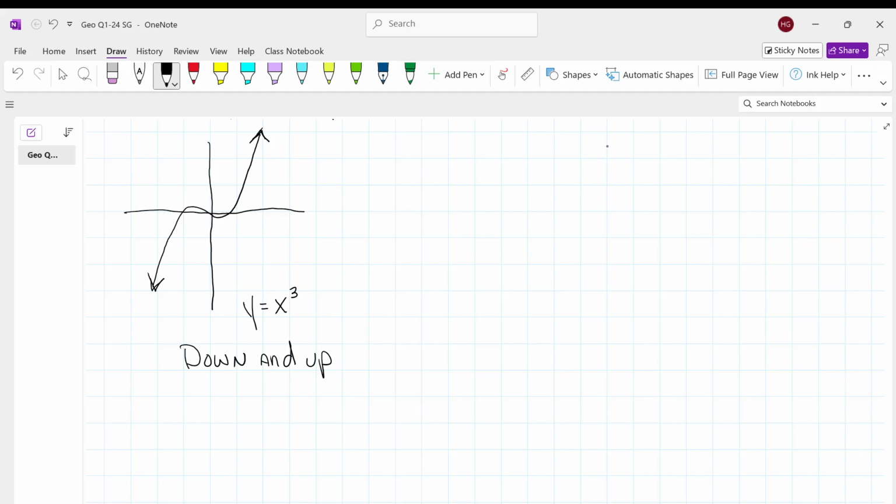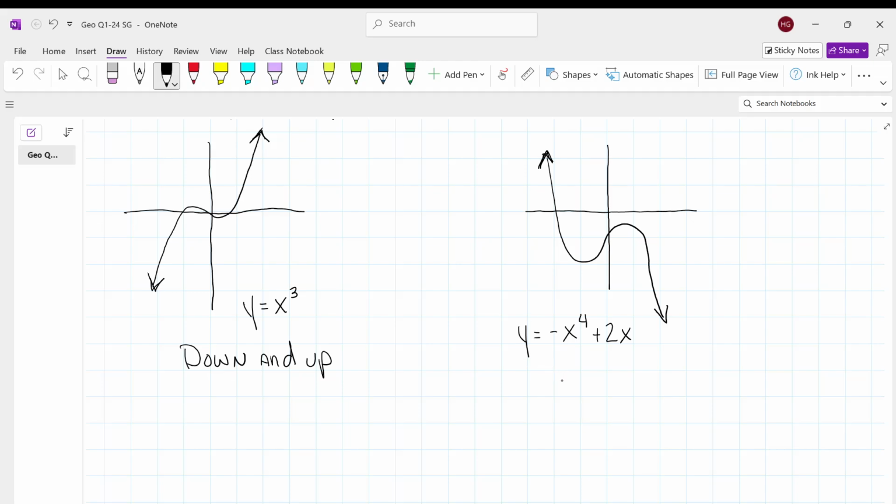All right, and then finally, we've got this graph. And this graph is of y equals negative x to the fourth plus 2x. If we are describing the end behavior, again, we start on the left-hand side of the graph.